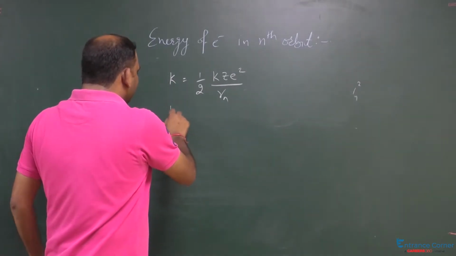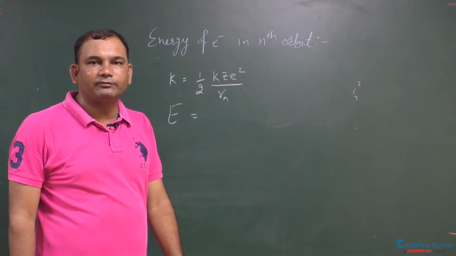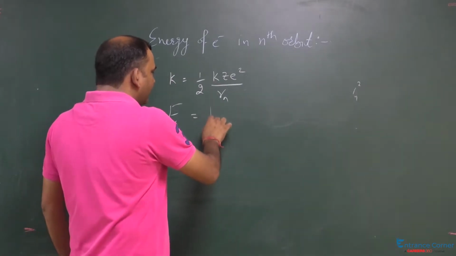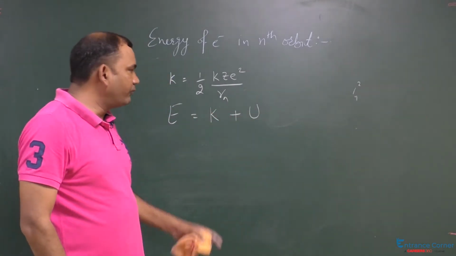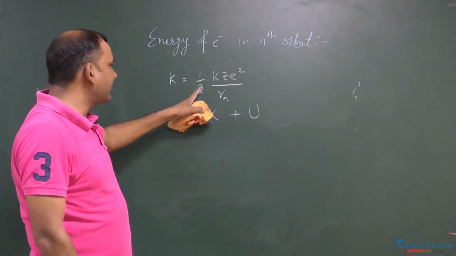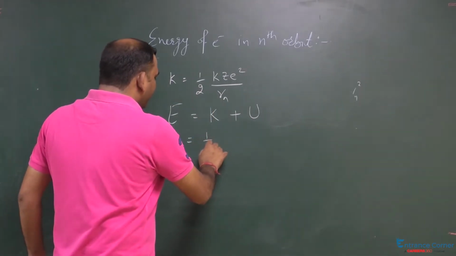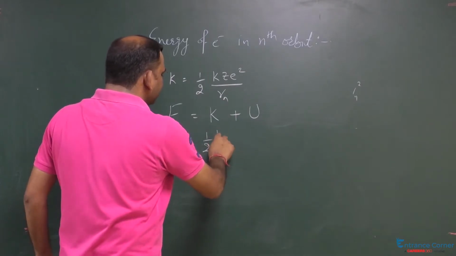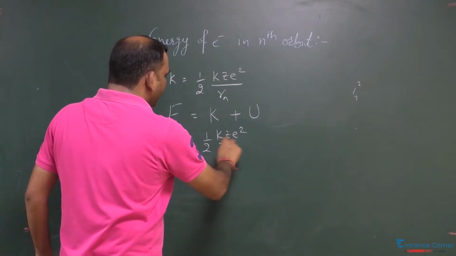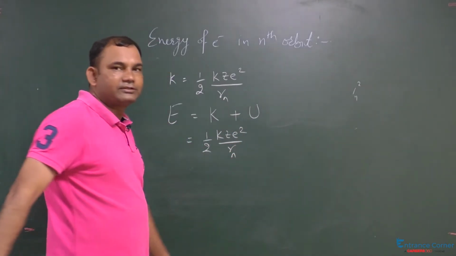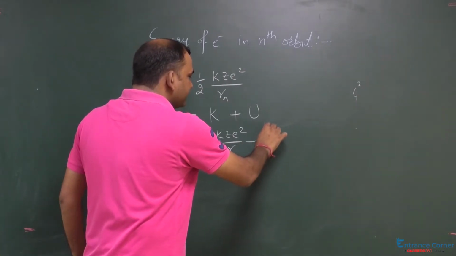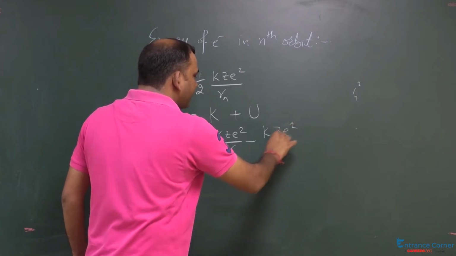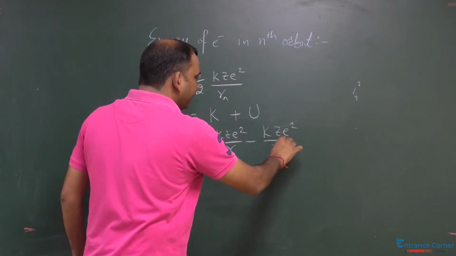Now, if we talk about the total energy of the electron, that is equal to the sum of kinetic energy plus potential energy. So, 1 by 2 K ZE square upon Rn is the kinetic energy, and potential energy is minus K ZE square upon Rn.